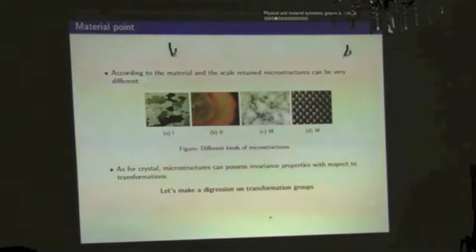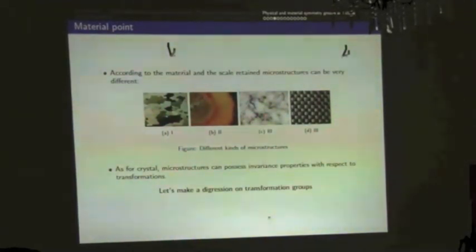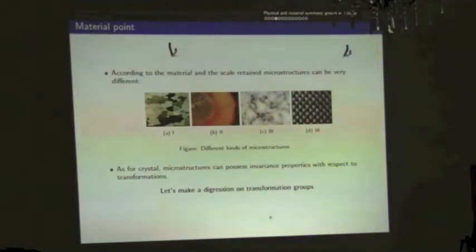So what is hidden under material points? It can be a lot of things. If you study metal at a certain scale, you will lose information about your microstructure.